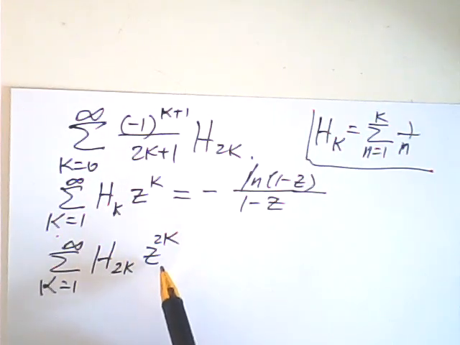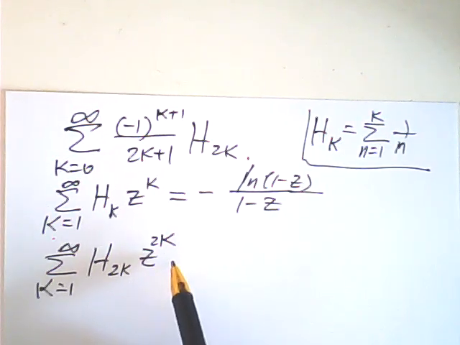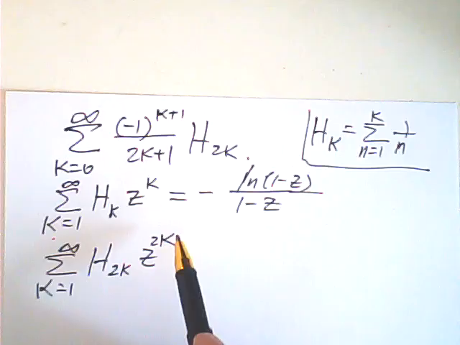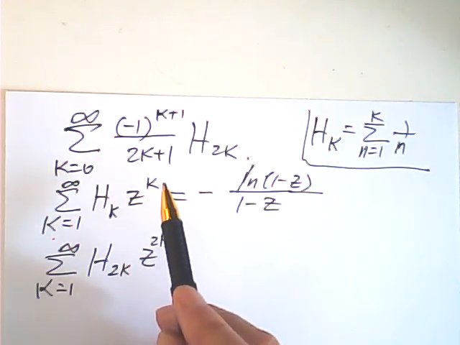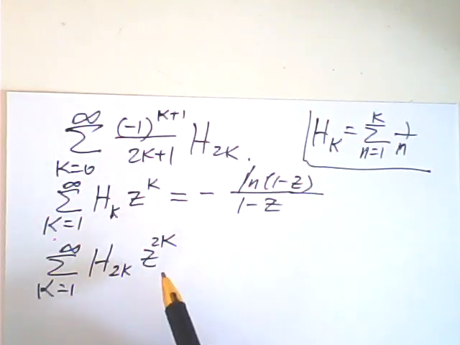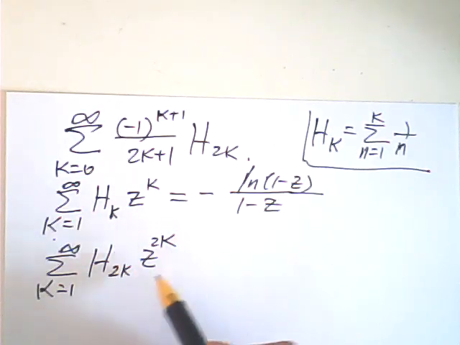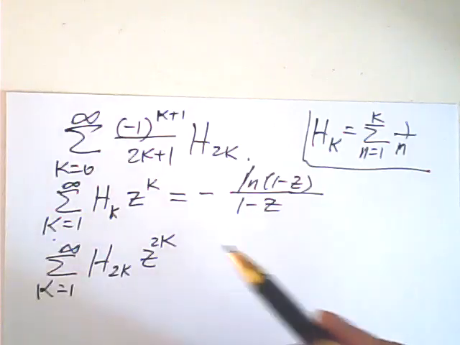Every term is to the even number power, right? 2, 4, 6, and so on. This is 1, 2, 3, 4, 5. See, so we want an even number power. So what to do?